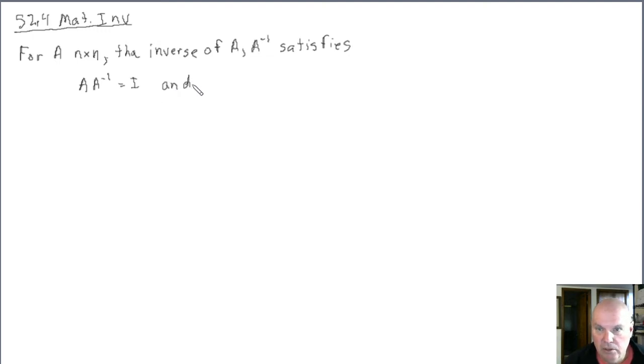And then it also satisfies A inverse A is equal to I. So we see that A and its inverse commute with respect to matrix multiplication. And remember, that's a special case. That's not true for two matrices in general, even if they are two square matrices.